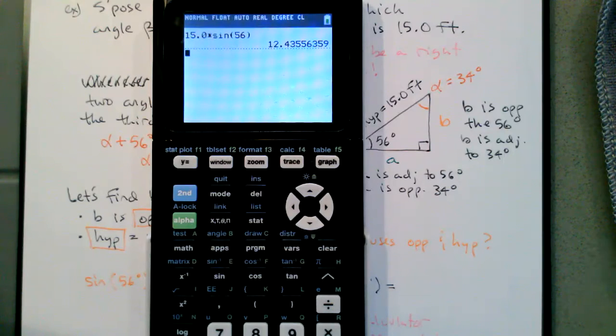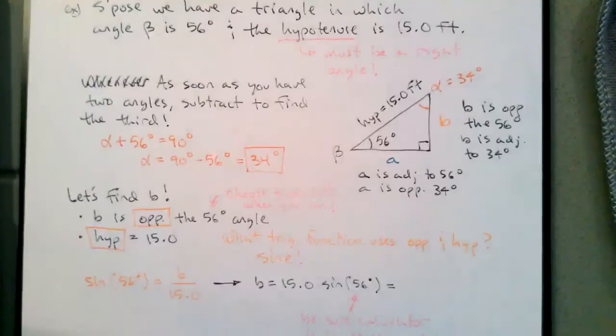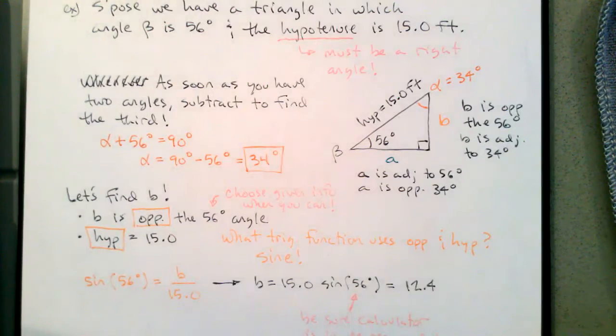I'm going to round this. I forgot to tell you to round this. So I'm going to round it to the nearest tenth because I'm going to make it look like the 15.0. And I'm just going to say 12.4. This is a length.